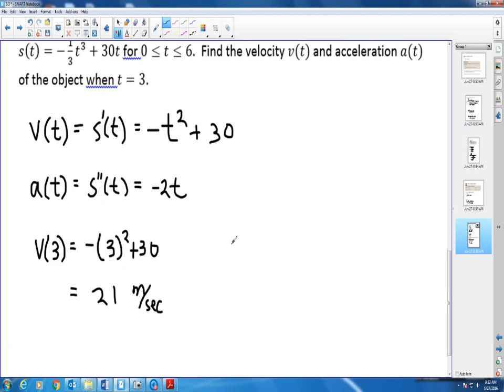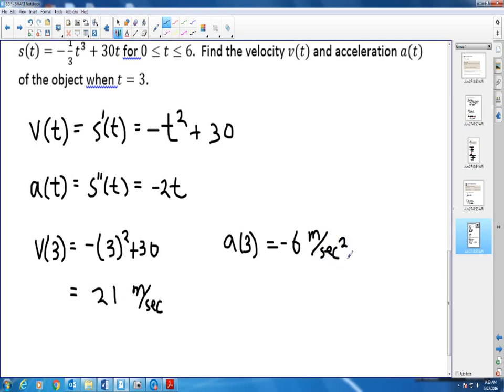So what is my acceleration at time 3, at 3 seconds? We plug 3 into the acceleration function, so that will be negative 2 times 3, which is negative 6 meters per second squared.